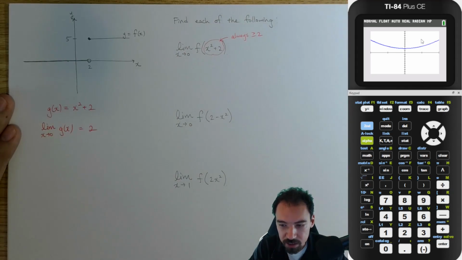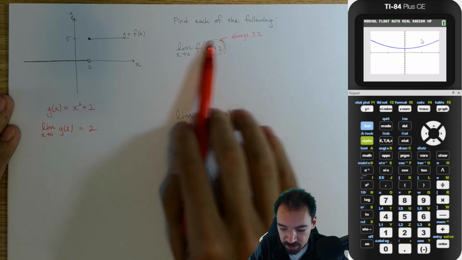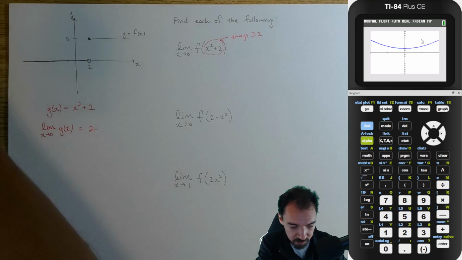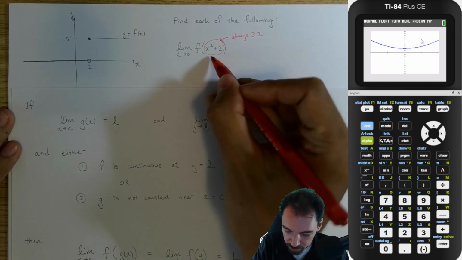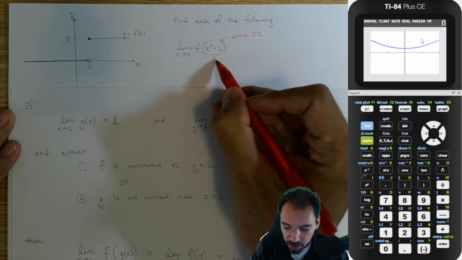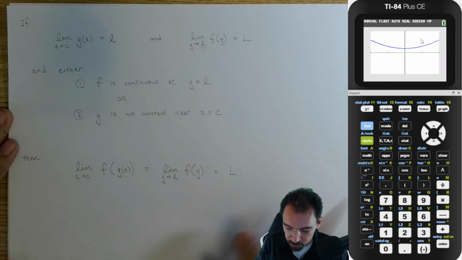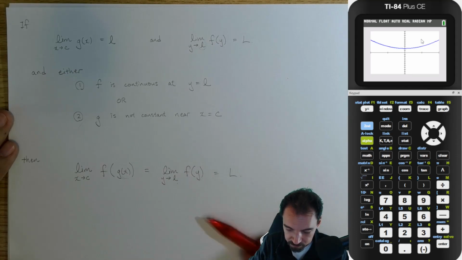Which means when I then take the limit as this thing, which we're basically calling y, right? So what's going on here? We're saying we want y to replace this. As y approaches the value of the limit that we get from the inside, right?